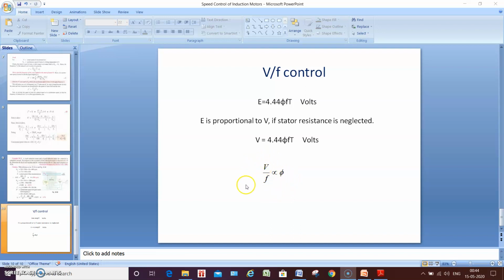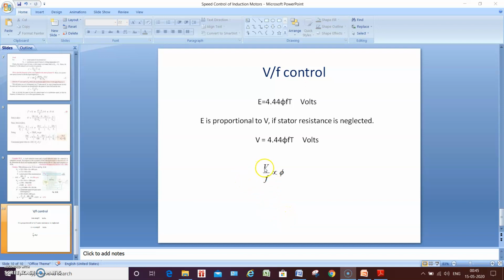To keep this V by F ratio constant, suppose you are increasing the voltage by 10%, you have to increase the frequency also at the same ratio. Suppose you decrease the voltage by a certain ratio, the frequency also should be decreased at the same ratio, because voltage and frequency are proportional to each other.